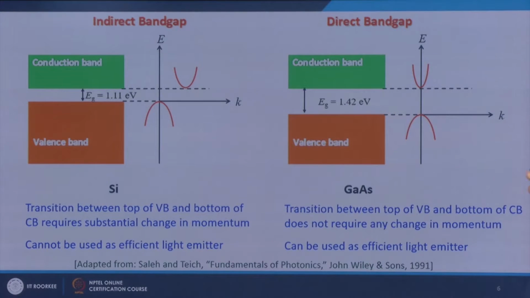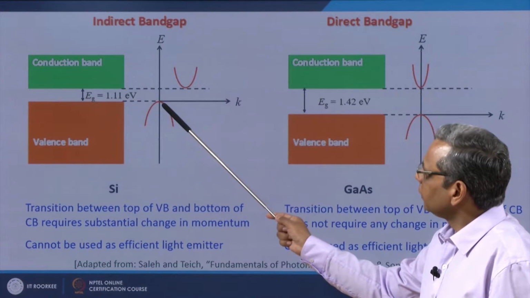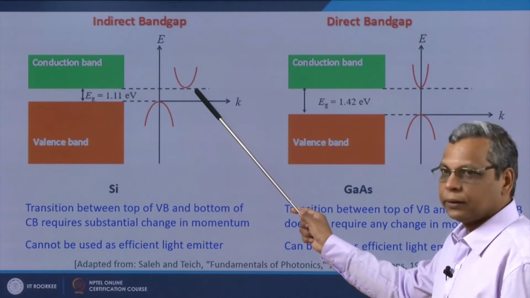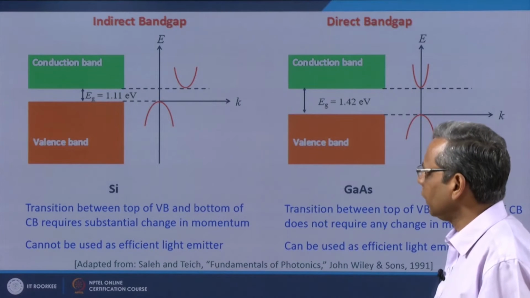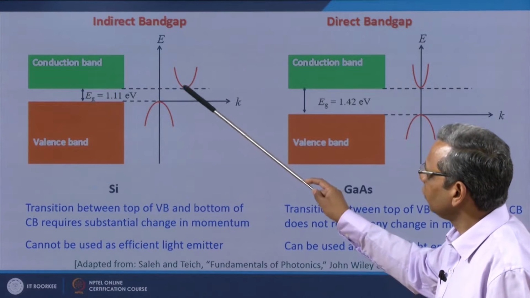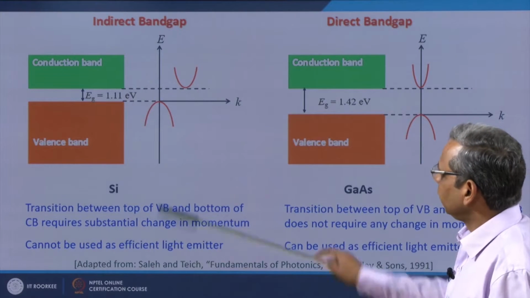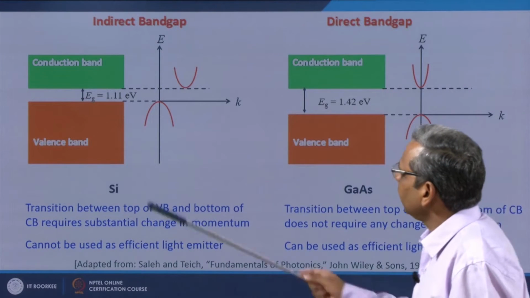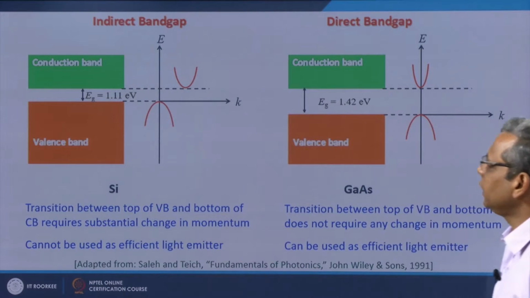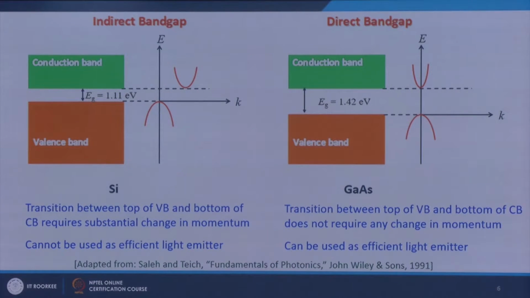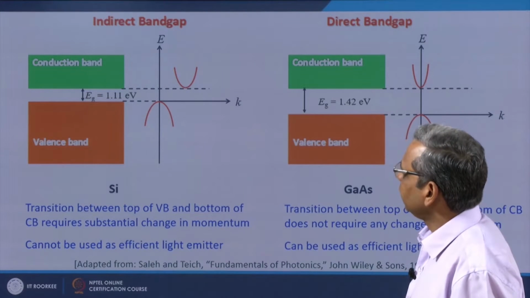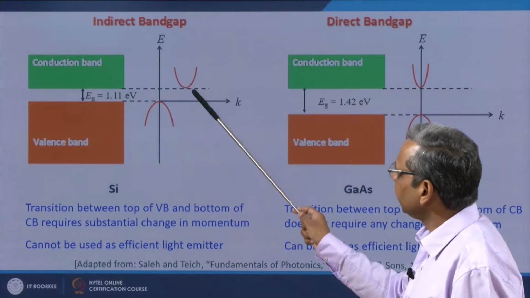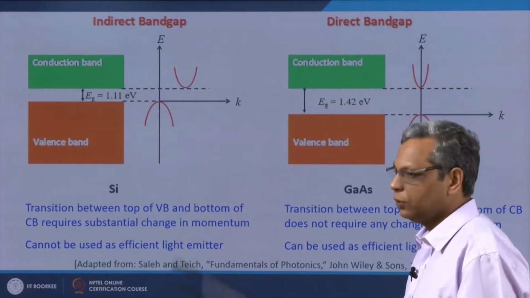If the top of the valence band and bottom of the conduction band have different k vectors, different values of k, that is, this one is not in line on top of this, then this kind of semiconductor is known as an indirect band gap semiconductor. Silicon is an example of this. Silicon has a band gap of about 1.1 electron volt and its conduction band is displaced along the k axis with respect to the valence band.